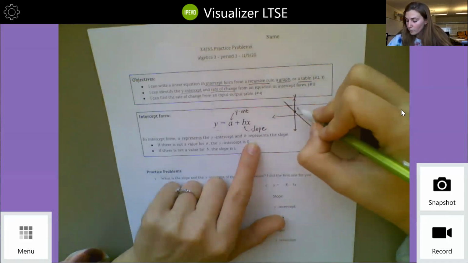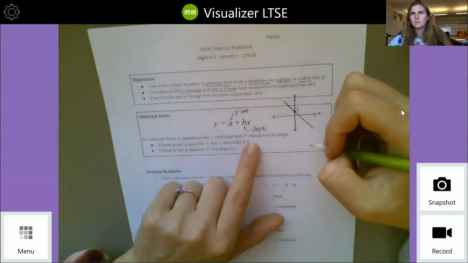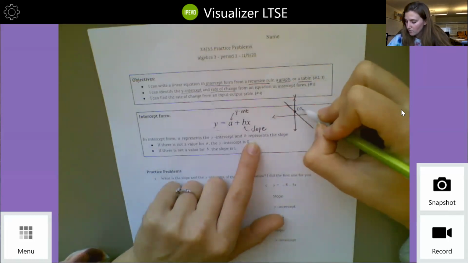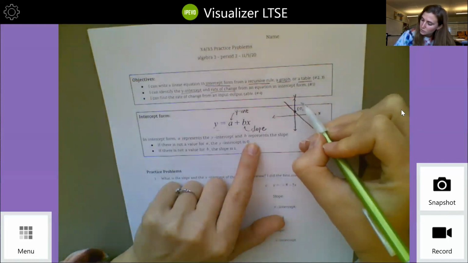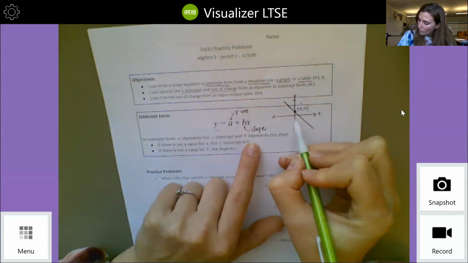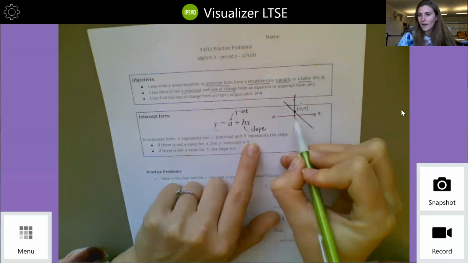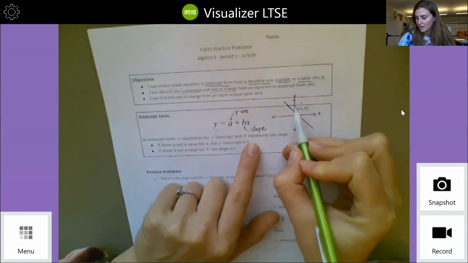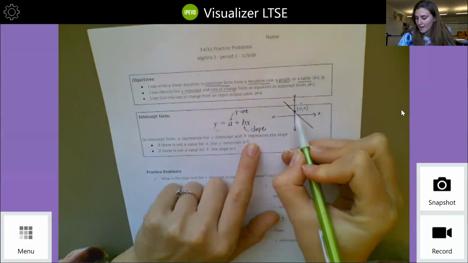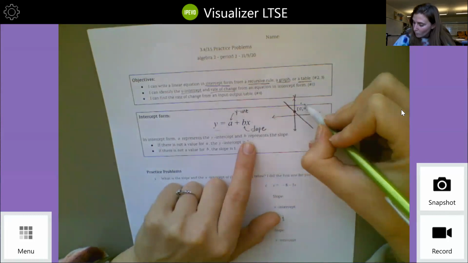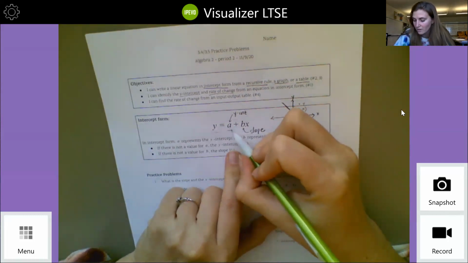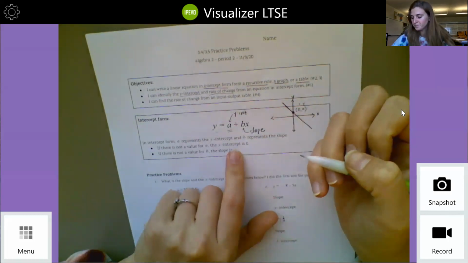So the ordered pair for the y-intercept is going to be (0, a). 0 is our x-coordinate because we're not going left or right of the y-axis at all. We remain on the y-axis, so we stay at 0 for x. And then the y-coordinate is going to be this value, that a number.